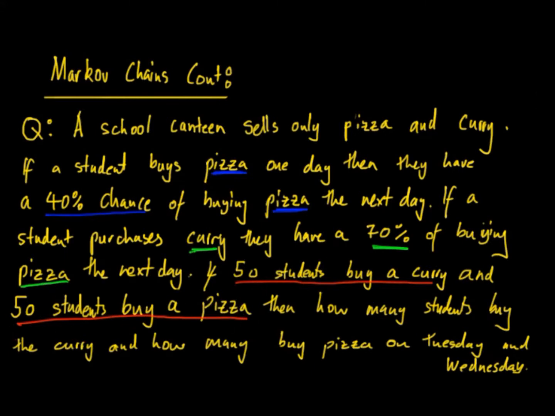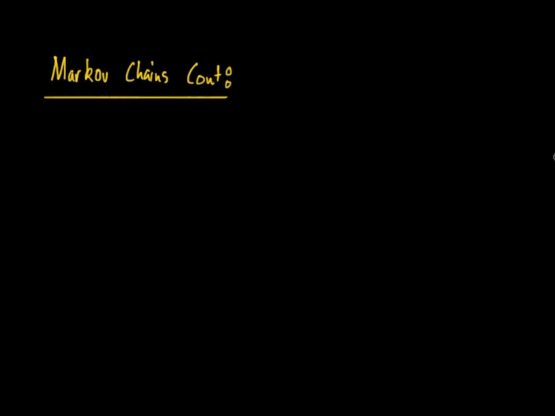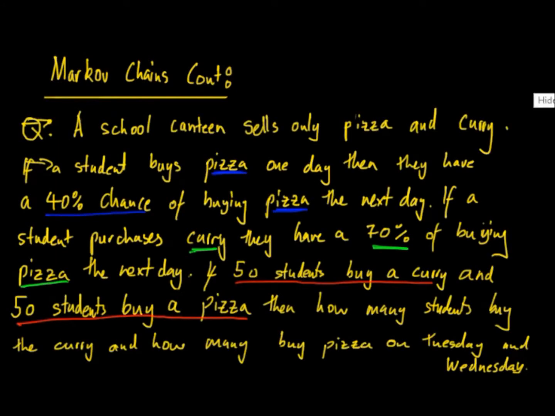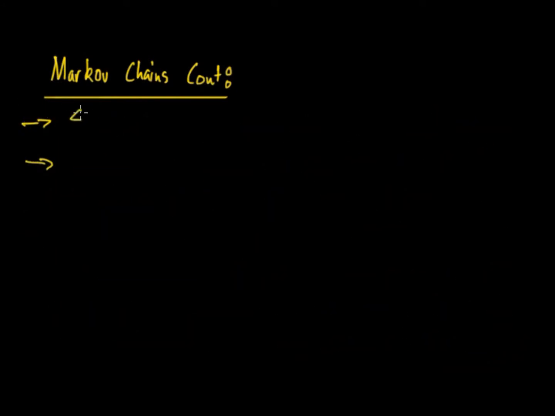So what we can do here is work out the four probabilities that we want. Let's quickly look at the question. There's a 40% chance of them buying pizza if on the previous day there was pizza.